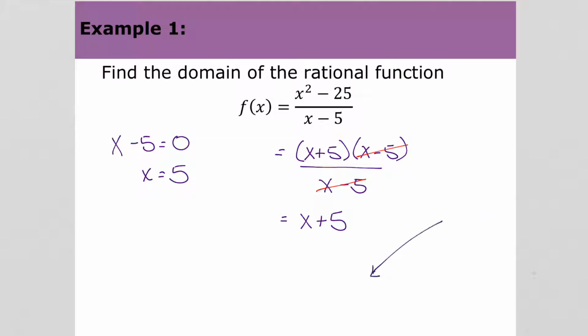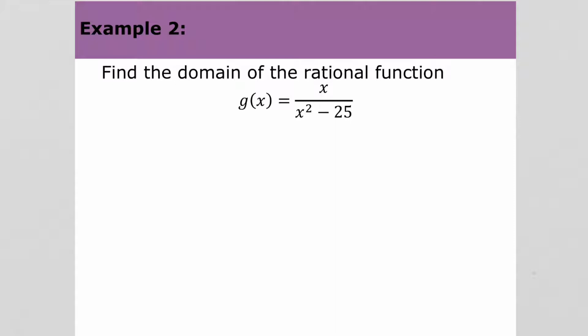So it'll be like this. And so whatever that point is, 5 something, we could plug it in. I think it would be 10. Then you would have a hole there. If you have a case where it does not cancel out like this, then that's where we have an asymptote.